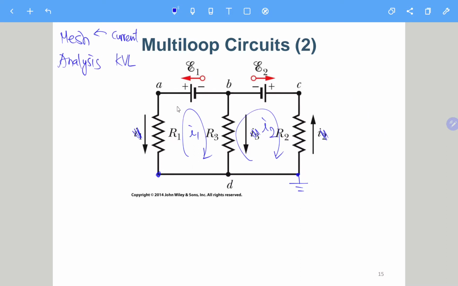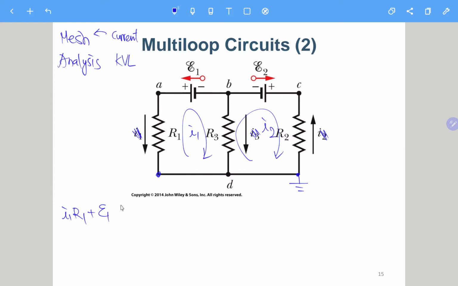Suppose I1 is going in this direction, and we're going from this node to node A. We will have a voltage drop, so it is I1 R1. Then from A to B, it is another voltage drop, E1. So we have E1.